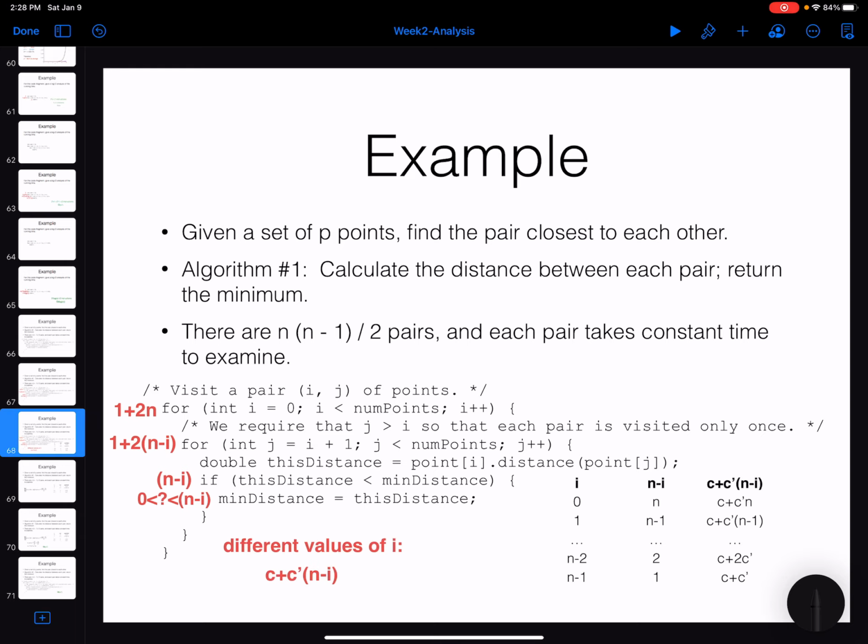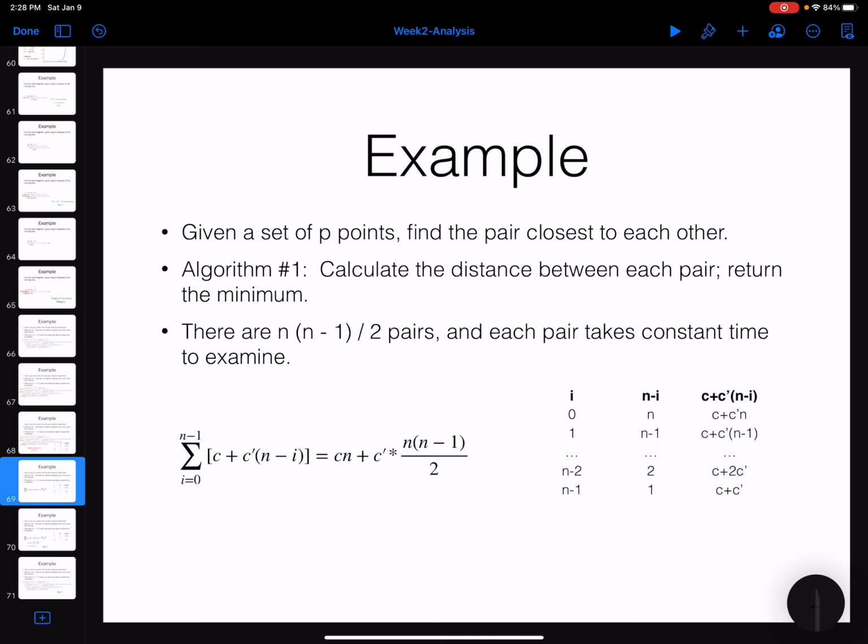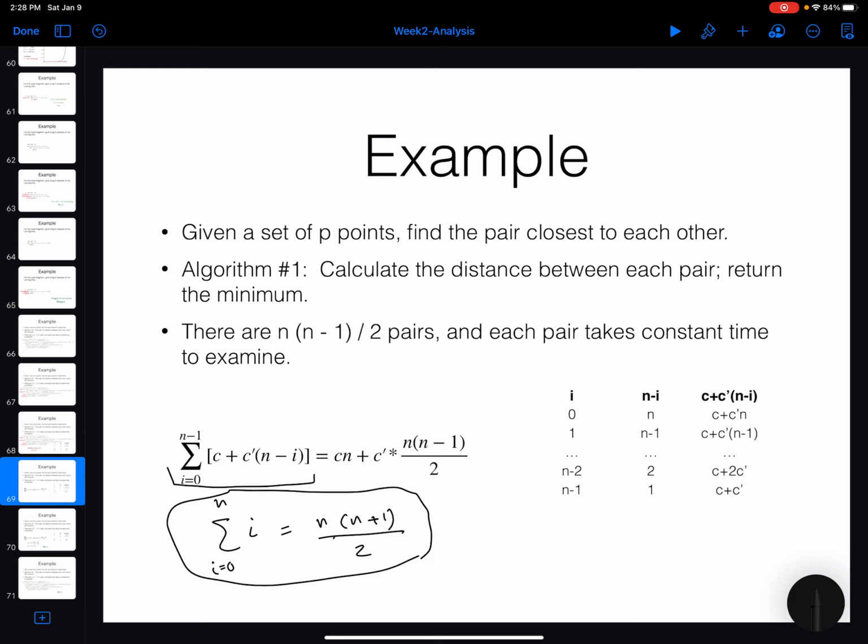At the end it doesn't really matter, because the number of iterations in total is going to be the summation of all these numbers, from 0 to n. And we know that the summation of all the numbers from 0 to n has this formula: n(n plus 1) divided by 2, right? That's why it would be n square.